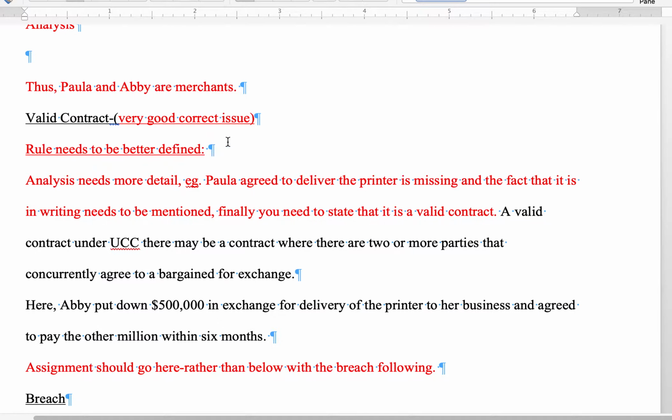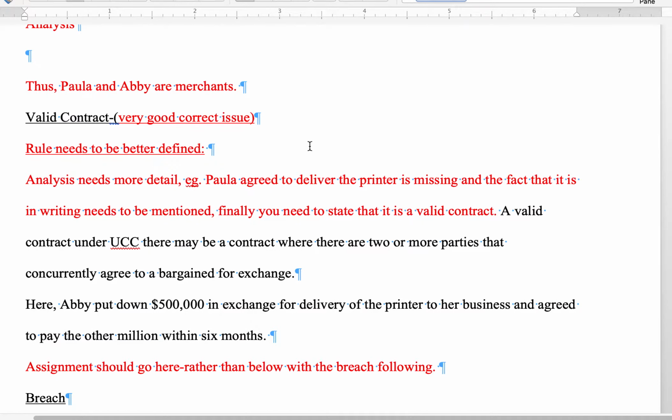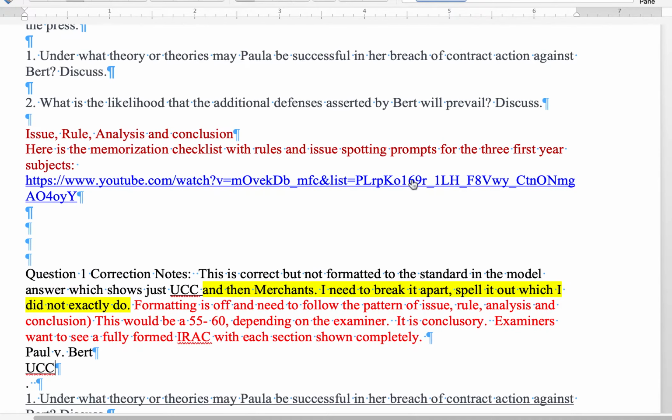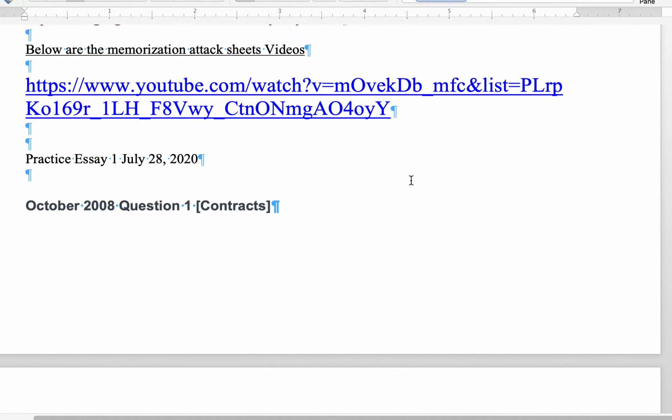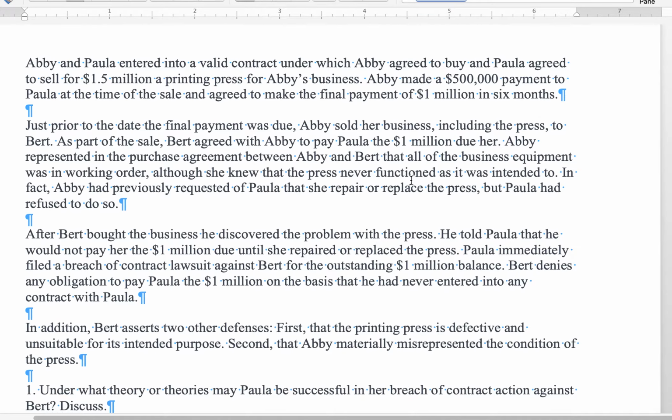But so she put valid contract, and that's true. It's a valid contract. Now, I told her very good, but actually I started thinking about it, and I reviewed one of the Emerson Bar Review videos, and he said if you look in the fact pattern and you see that they say they had a valid contract, you typically do not have to go over that.